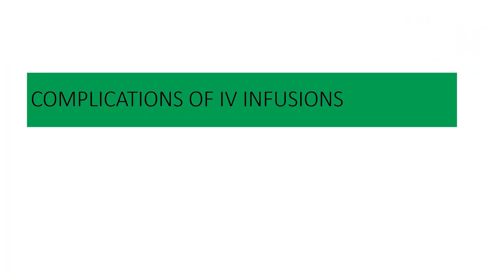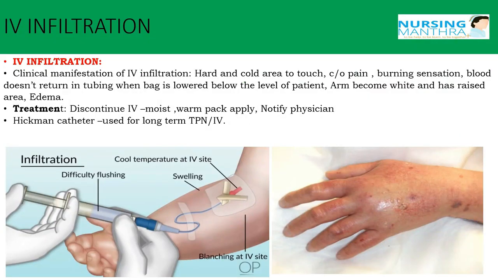Now an important point, that is complications of IV infusions. The first complication is IV infiltration. You can see in the picture how it will look. Do you experience this IV infiltration after IV cannulation? Do your patients experience this?